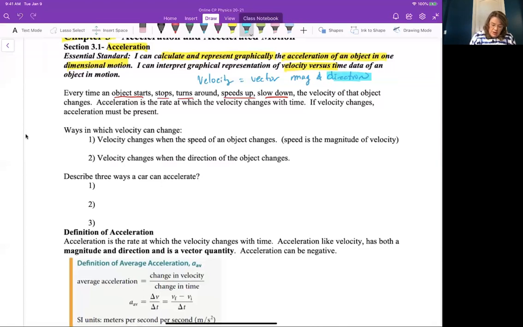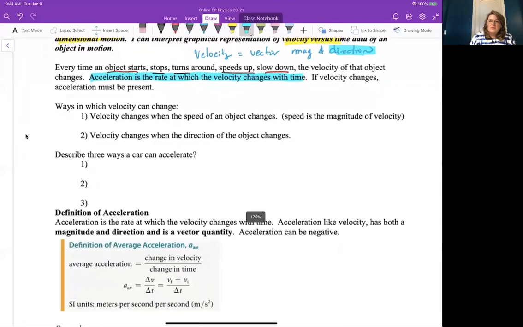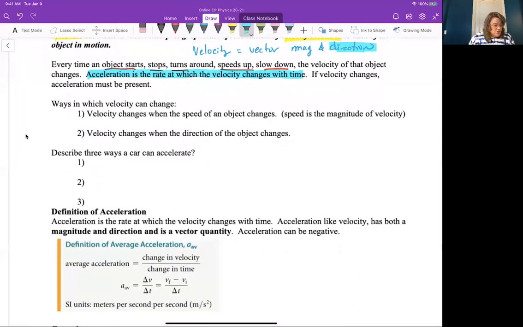All right, so acceleration is the rate at which the velocity changes with time. So if the velocity changes, whether it's the magnitude or the direction, acceleration has to be present. I'm going to reiterate this point a few times. Velocity changes when the speed changes, so 5 miles per hour to 10 miles per hour.